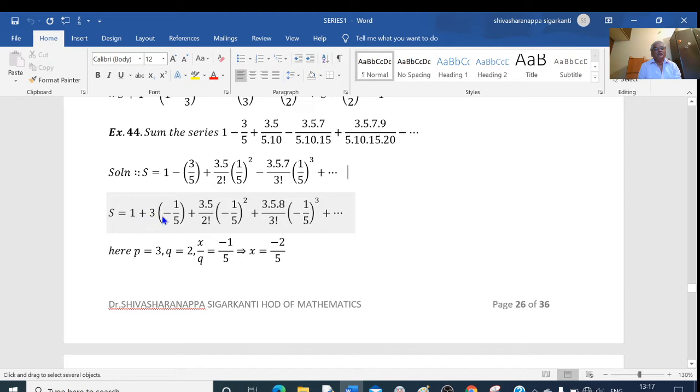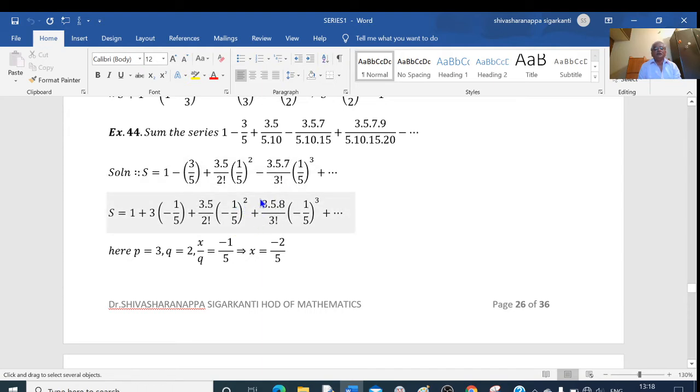That is 1 plus 3 into minus 1 by 5 plus this is as it is. And here instead of writing 1 by 5 to the power of 2, I will write minus 1 by 5 to the power of 2, because here the power is even. If I write 1 by 5 or minus 1 by 5, there will not be any difference. For my convenience, I am writing 1 by 5 square as minus 1 by 5 square.